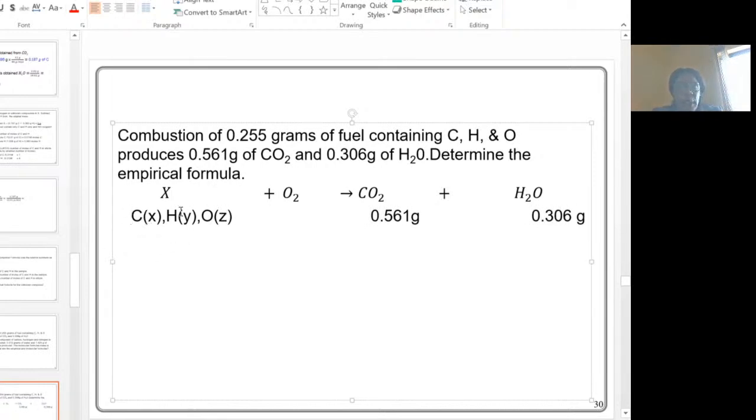Our task is to work out these quantities: what is X, what is Y, what is Z? The moment you work out these quantities, that is what will give you the formula for this organic compound X.